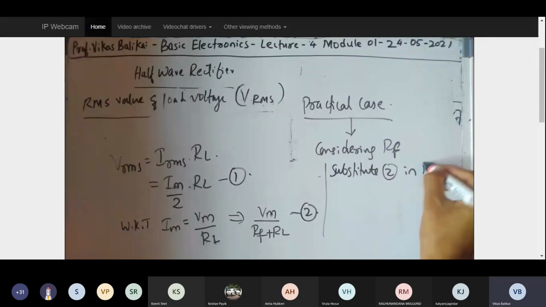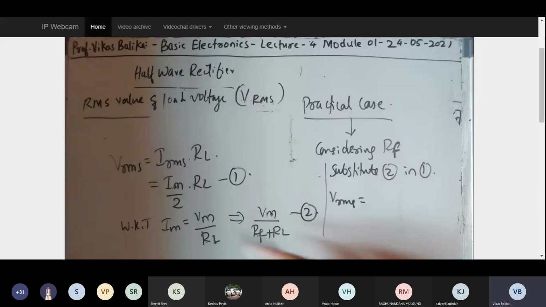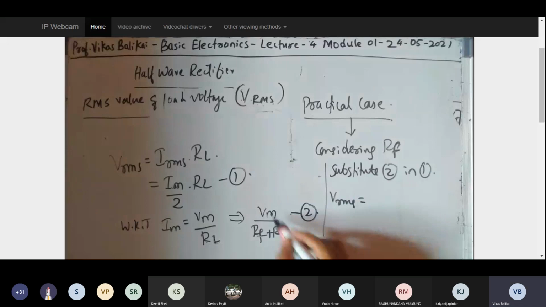If I do that, Vrms will be equal to, in place of Im, the entire thing Vm divided by RF plus RL, whole divided by 2, into RL. And if I do this entire calculation, what am I going to get? Vrms will be equal to Vm by 2 into 1 upon 1 plus RF by RL.